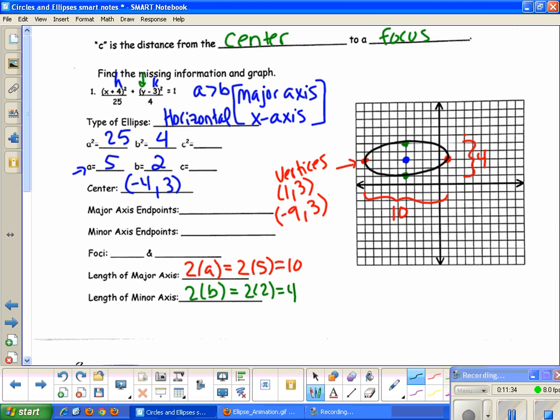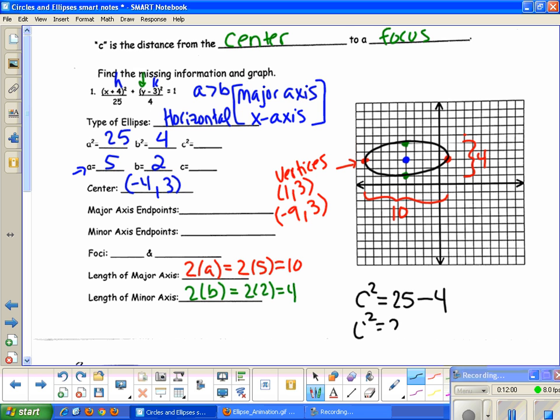So now I have my ellipse. Now I need to figure out what the focal points are going to be by finding C. So if I want to find C, then I know that I can use the fact that C squared is equal to the larger number squared, so 25, minus the smaller number, which is 4.